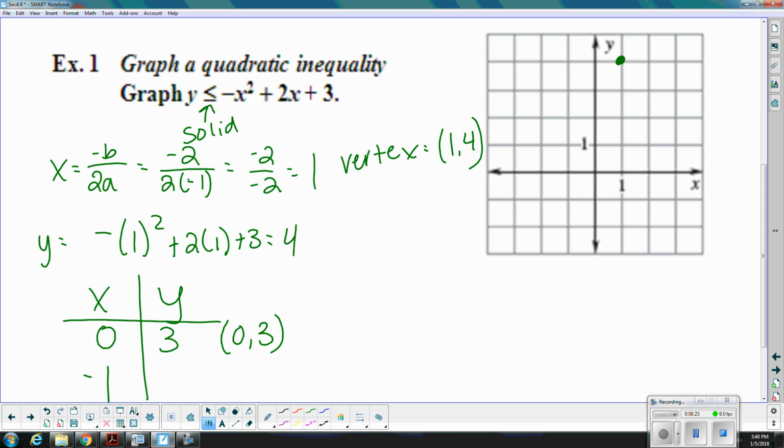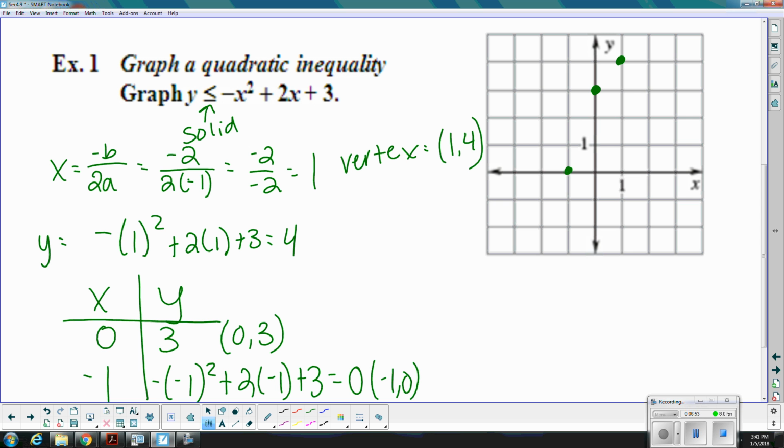I'm going to go ahead and plot that. And then if I choose negative 1, I substitute negative 1 for x into my quadratic equation, and I get negative 1 minus 2, which is negative 3, plus 3, which is 0. So my point is negative 1, 0.